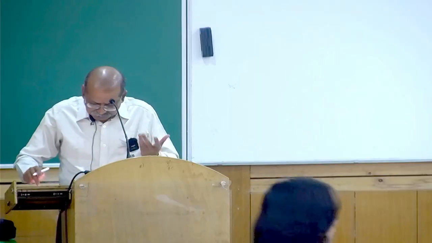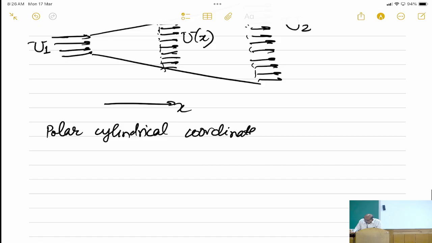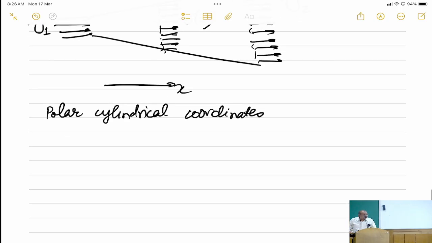So then sometimes we have polar cylindrical coordinates, which means we talk in terms of r, theta, z coordinates.